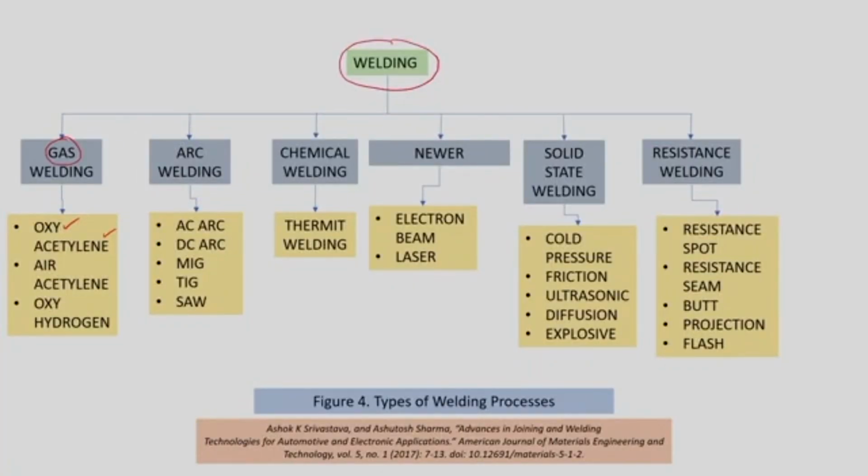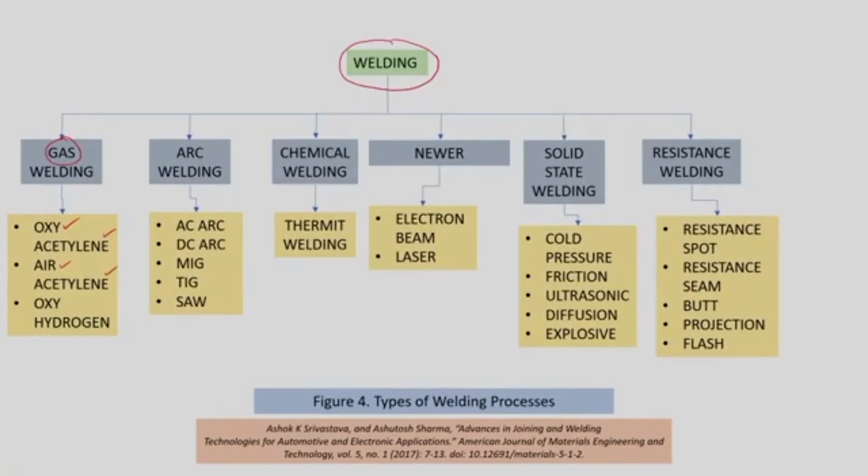Instead of oxygen, if we are using simple air along with the acetylene gas, that is called air acetylene gas welding. Or instead of acetylene, if we are using hydrogen along with oxygen, that is called oxyhydrogen gas welding. The principle of operation is very simple.